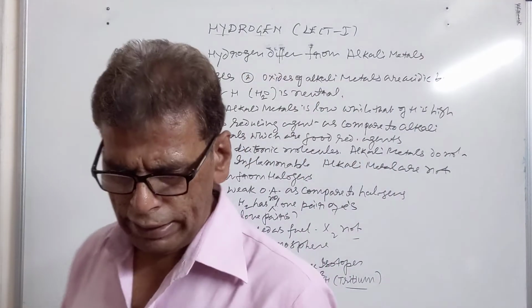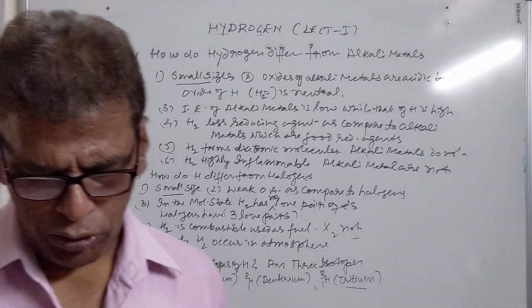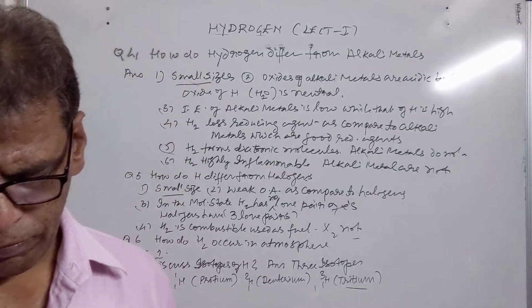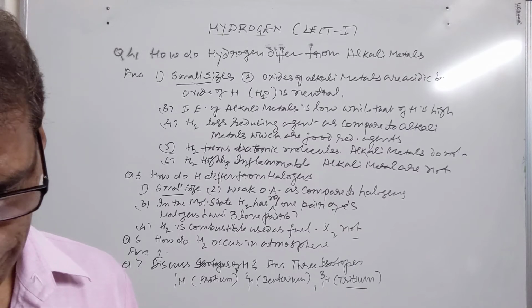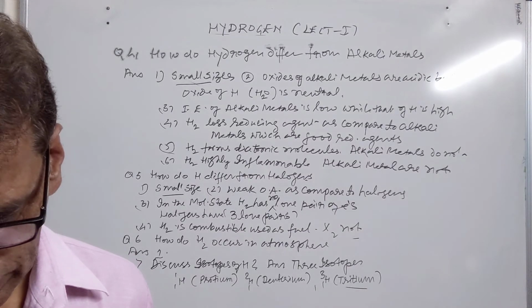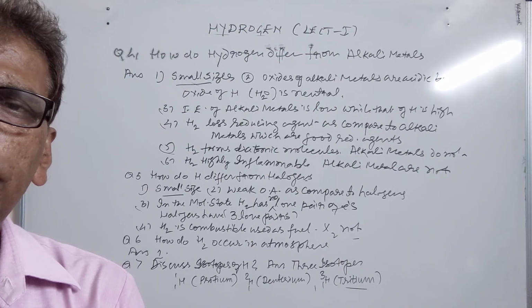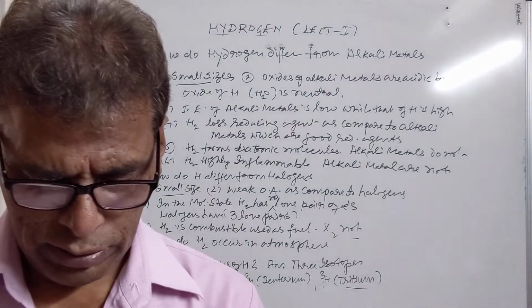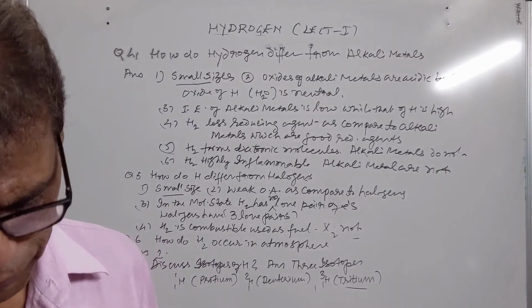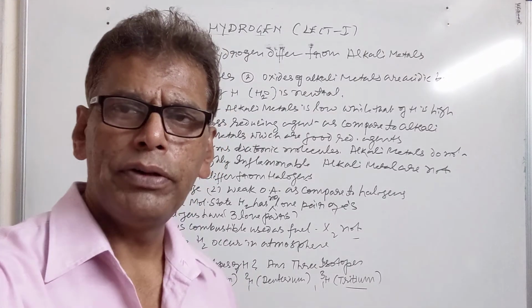So hydrogen exists in 3 states: protium, deuterium and tritium. All of them are important and serve as important elements of a number of compounds. So this is our first lecture.